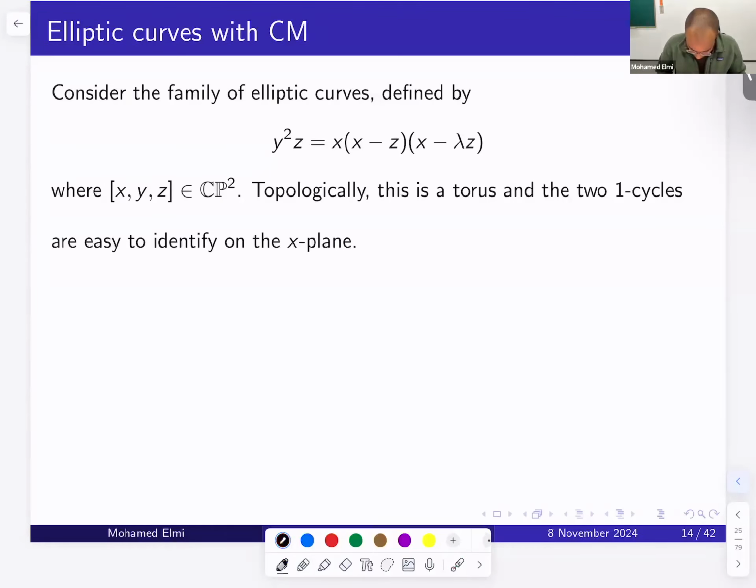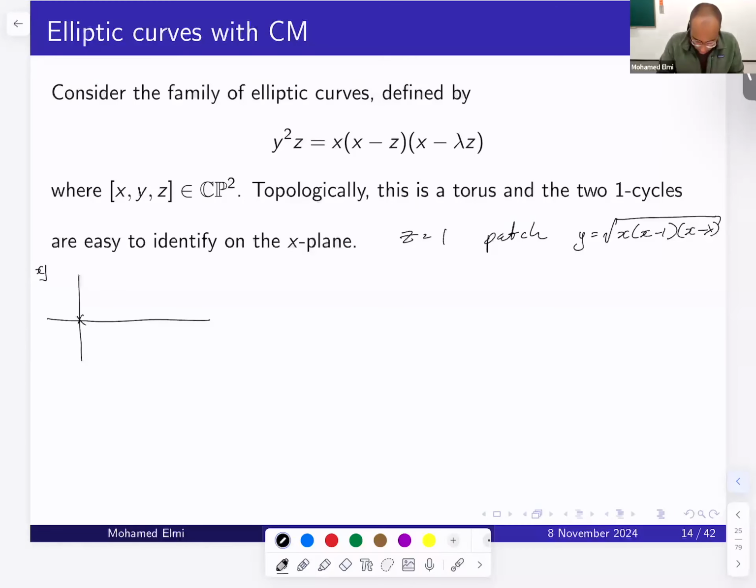So you go to the z equals 1 patch, and you have y squared is x times x minus 1 times x minus lambda.